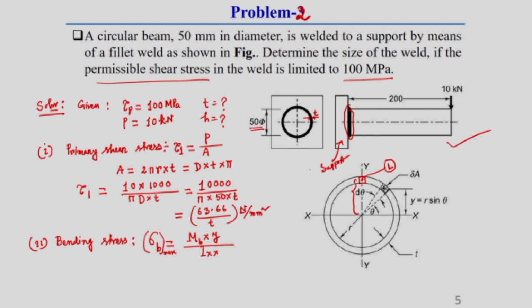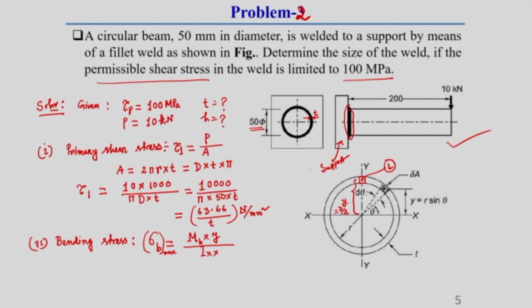What is the position of this element from this x axis? Let this be y. This y will be equal to your diameter divided by 2, that means the radius of this shaft. Okay, because here we are considering that weld is a line.